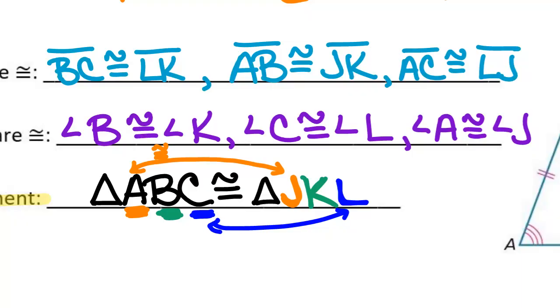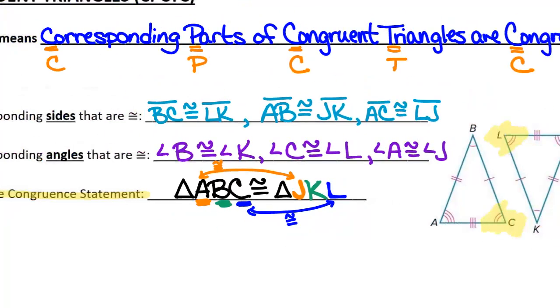These two are congruent. The triangle congruent statement matches up not only my angles that are congruent, the triangle congruent statement also matches up the segments that are congruent. Notice these first two letters here, AB. That's one of my segments, AB.